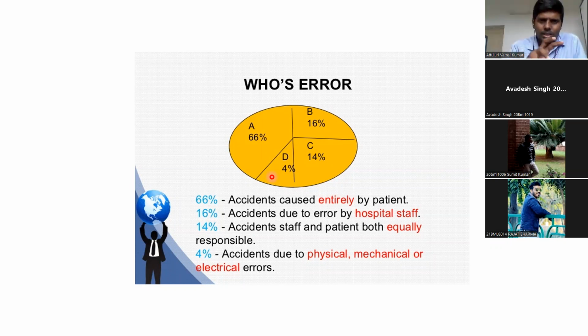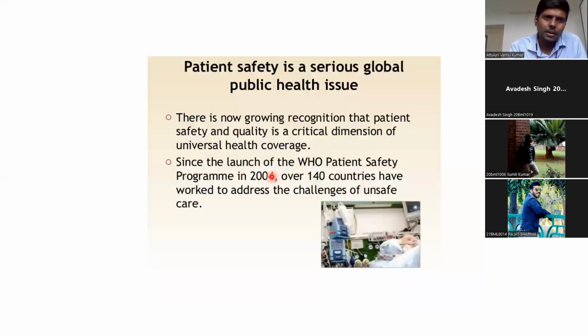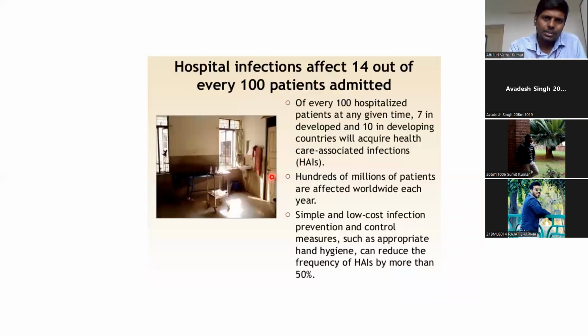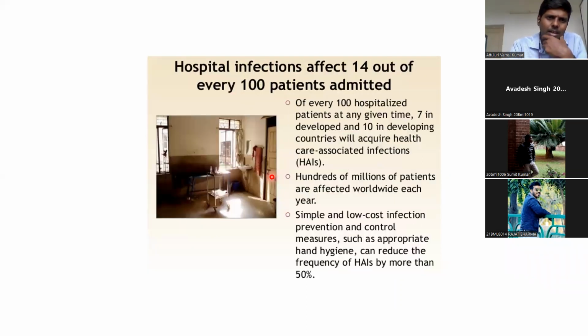This slide explains the rate of errors occurring by various people in the hospital: 66% by patient, 16% by staff, 14% by staff and patient, and 4% accidents. This is what the errors are.